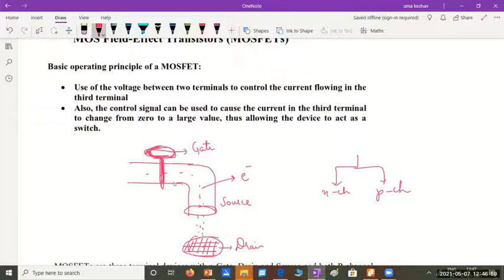So if I take an N channel MOSFET, the majority carriers are electrons. These electrons will be moving from source to drain. They get collected at the drain and I can control how many electrons should flow by using this knob, which is the gate. So the gate terminal voltage can be adjusted as a knob to control the number of electrons that will be moving from source to drain.